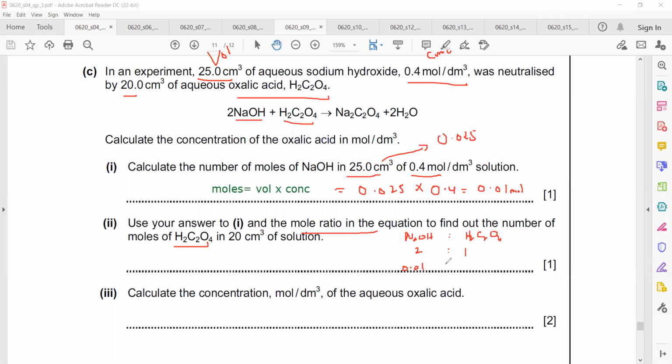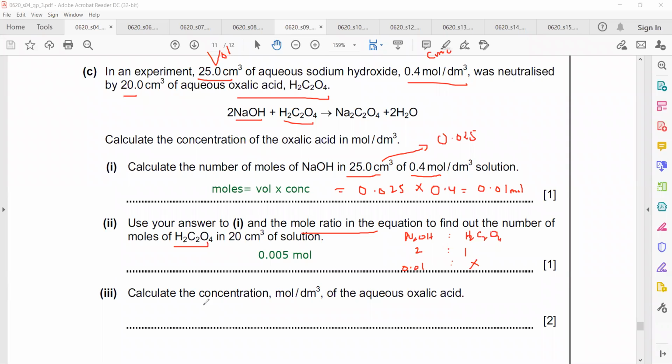So if you have 0.01 moles of sodium hydroxide, how many moles of oxalic acid will be there? It will be 0.01 divided by 2, because 2:1 is the ratio, not 1:2. So 0.005 moles will be there for oxalic acid.